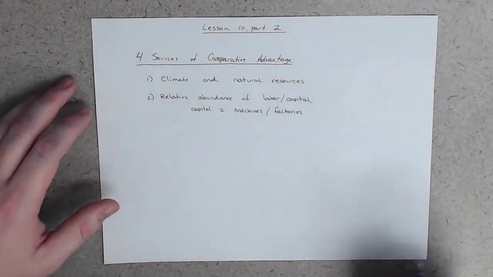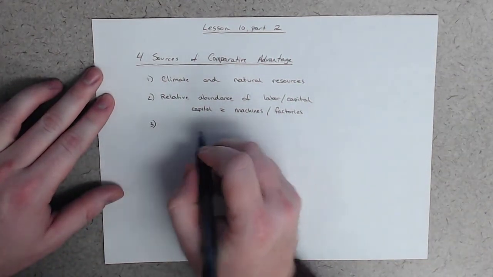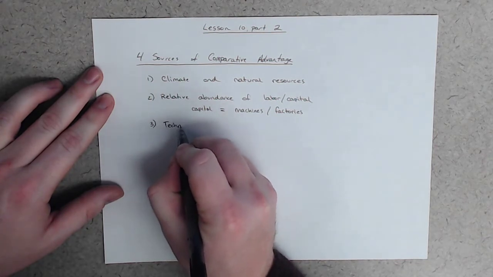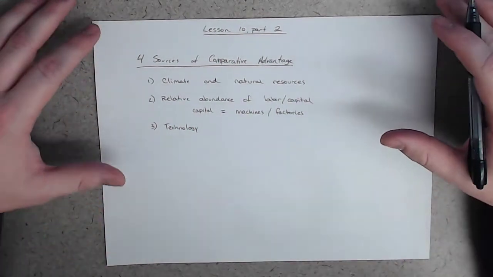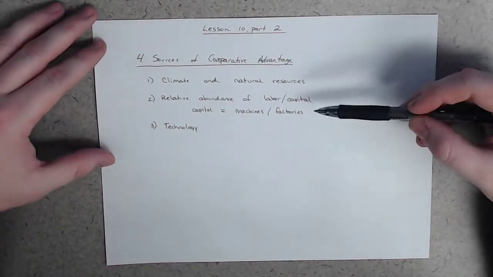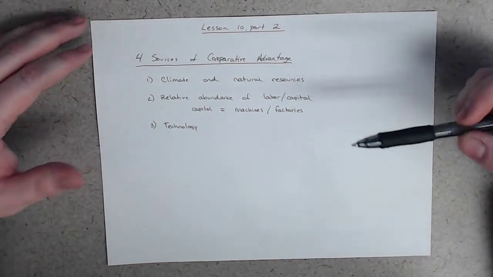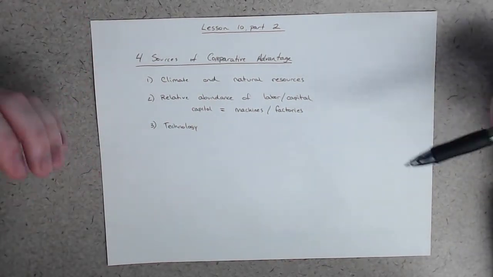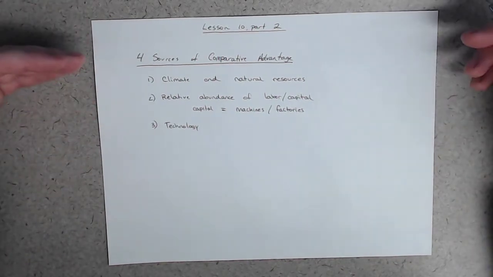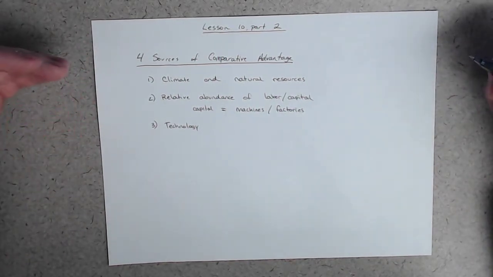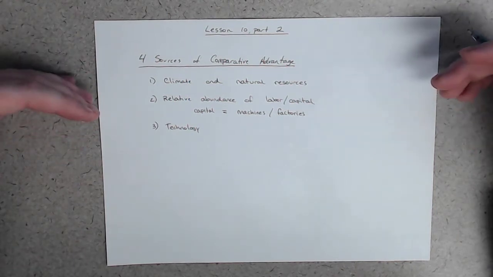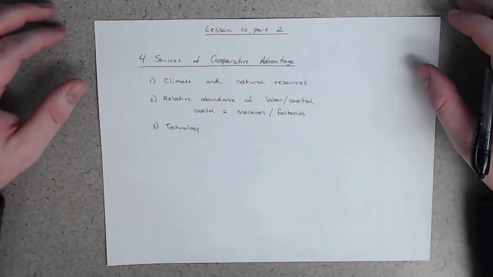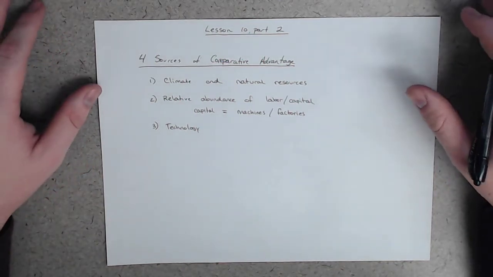Okay. The third one is what we call technology. And here, what we're saying is that some countries might be especially good at producing new things or solving a problem. There might be some problem in everyday consumers' lives, and some countries might be extremely good at figuring out a solution to that problem, but other countries are very good at actually building the solution.